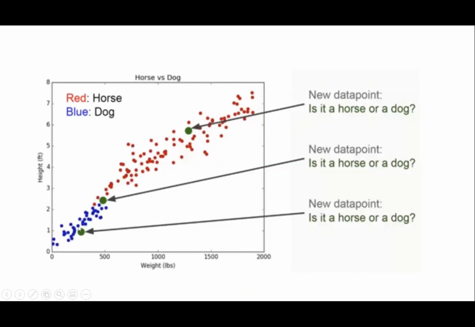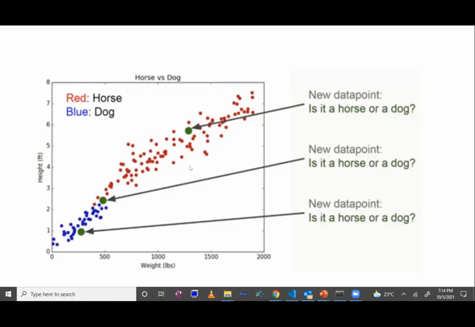This animal is going to be a dog with a very high probability. But we are concerned about this point because we cannot judge with just this picture, right? So we want some kind of a mathematical formula or a systematic approach in deciding which class this new animal lying at the center belongs to, whether it's a dog or a horse, right?